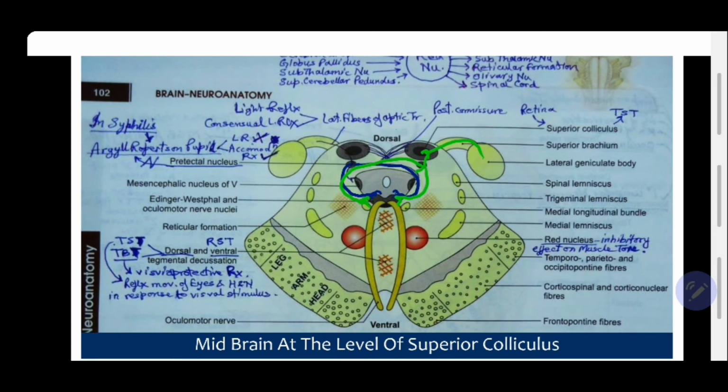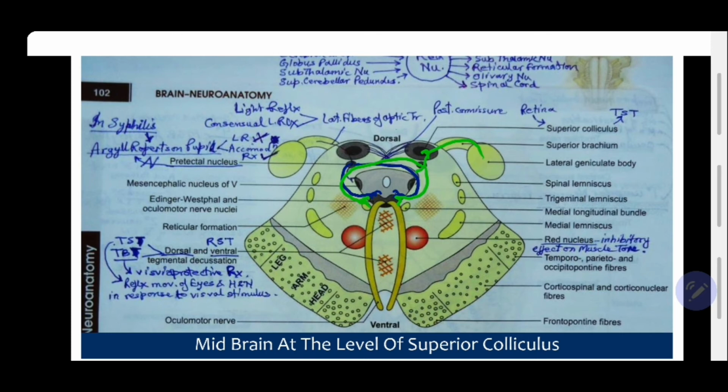And from there, this Edinger-Westphal nucleus sends its preganglionic parasympathetic fibers, which pass along with the oculomotor nerve into the orbit, then through the lower division of the oculomotor nerve to the nerve to inferior oblique. There's a ganglion attached called the ciliary ganglion, where they relay.